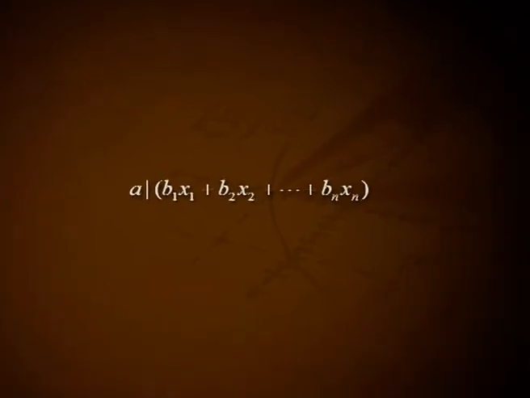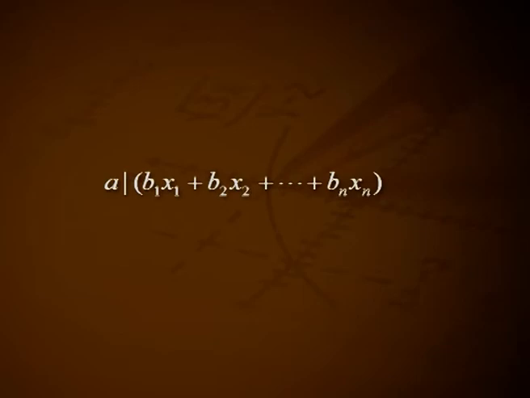Because rx plus sy is an integer, this says that a divides bx plus cy. Note. Property C of theorem 1 extends by induction to sums of more than 2 terms. That is, if a divides bk for k is equal to 1, 2, etc. n, then a divides b1 x1 plus b2 x2 plus etc. plus bn xn for all integers x1, x2, etc. xn.